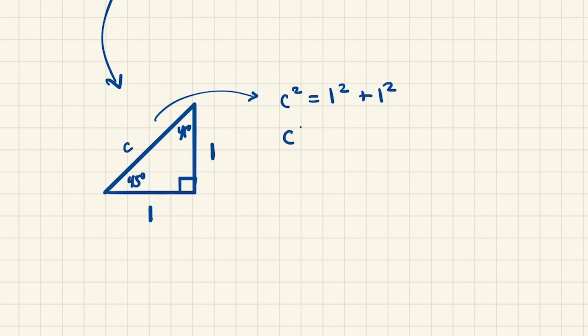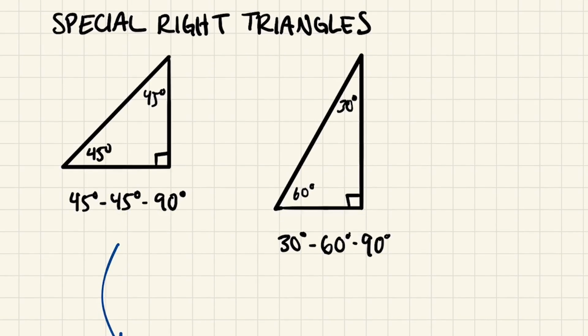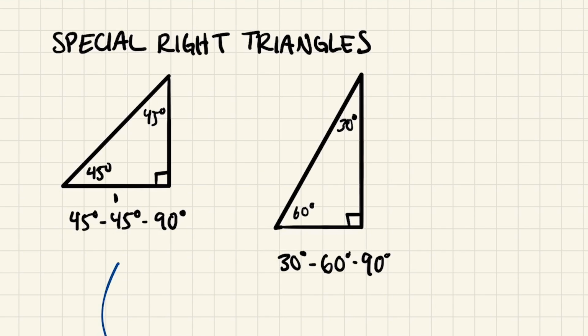So C squared is equal to 2, and therefore C is equal to the square root of 2. Okay, so returning to our 45, 45, 90, we know the ratios of these sides are 1, 1, and root 2, which means you could read trig function values off of this triangle, like tangent of 45 degrees, opposite over adjacent. That would be 1, and indeed tangent of 45 degrees is 1.